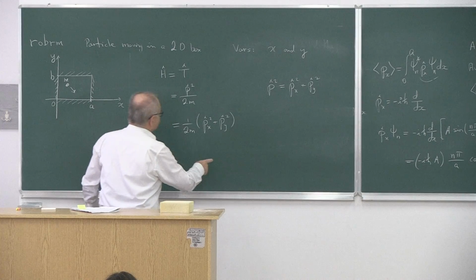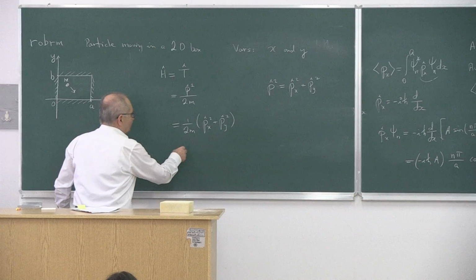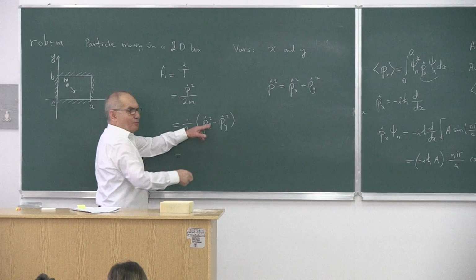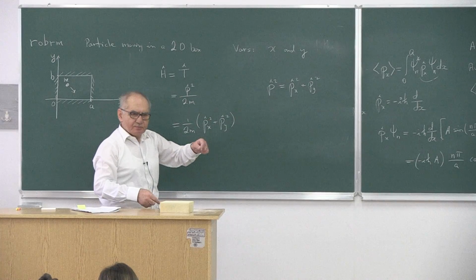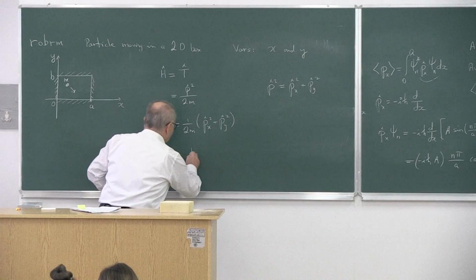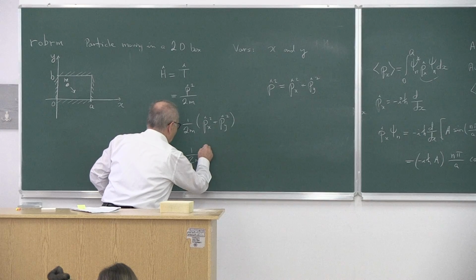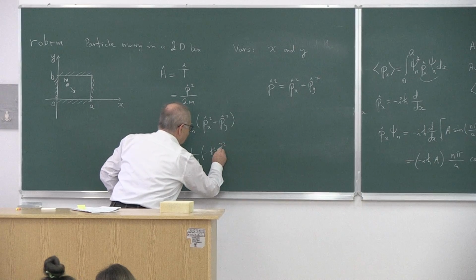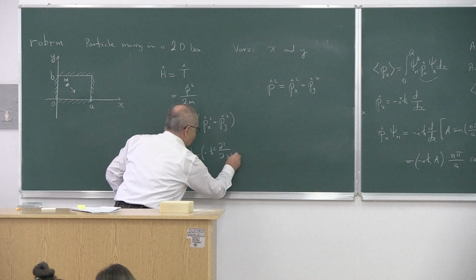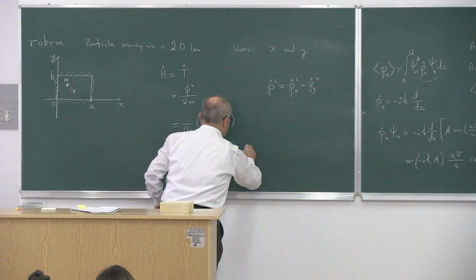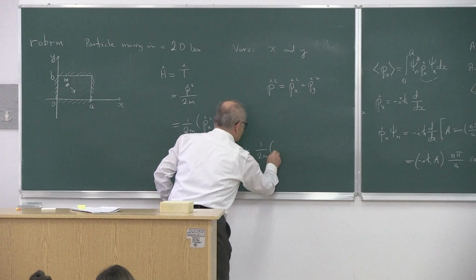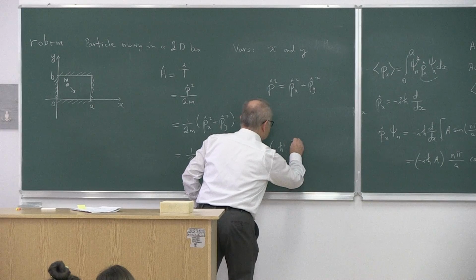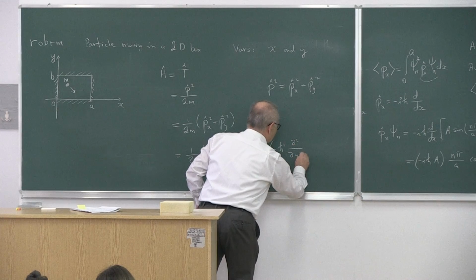All right. Now make it explicit. H equals 1 over 2m times minus h bar square times second derivative with respect to x, plus 1 over 2m times minus h bar square times second derivative with respect to y.